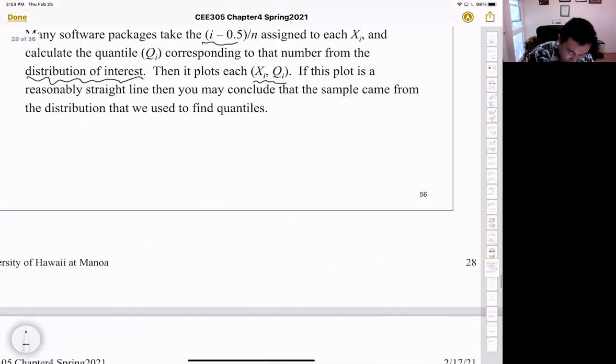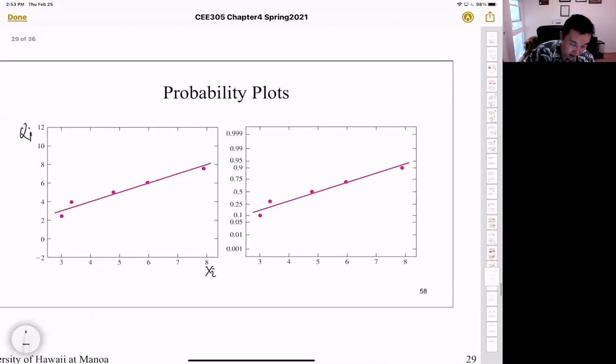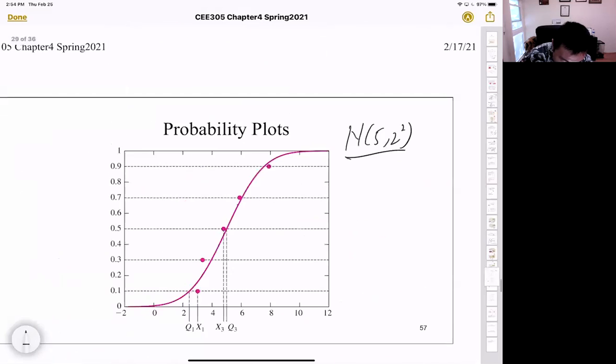So we have qi values and also xi. So we plot xi versus qi. For example, the first dot is 3.01, 2.44. X1 is 3.01, Q1 is 2.44. It's here.